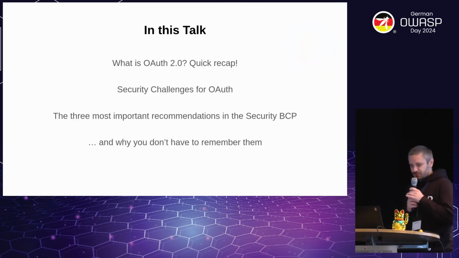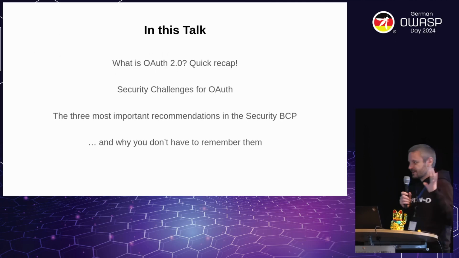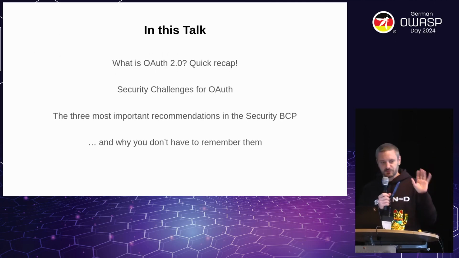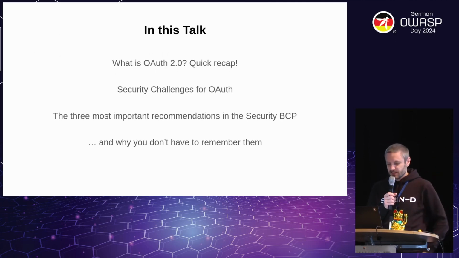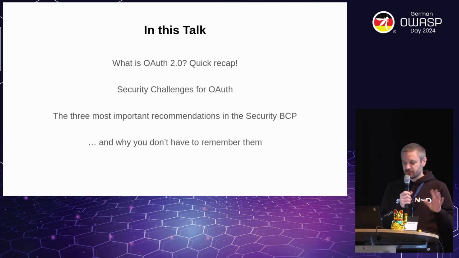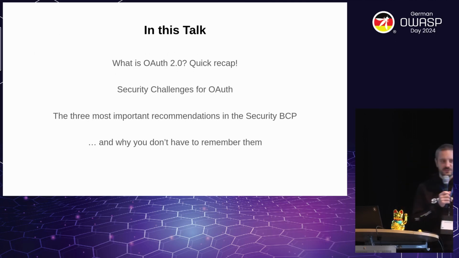So in this talk, I'll give a brief intro on OAuth, OAuth 2.0, we're not talking about earlier versions. I'll talk about the security challenges that anybody who uses OAuth faces. I will talk about the 3 most important recommendations from that security BCP, from that document we've been working on.